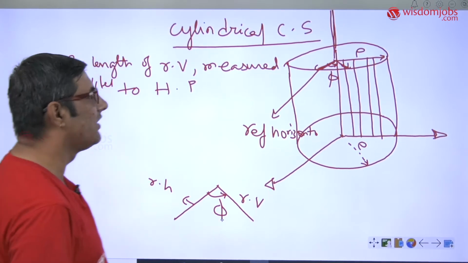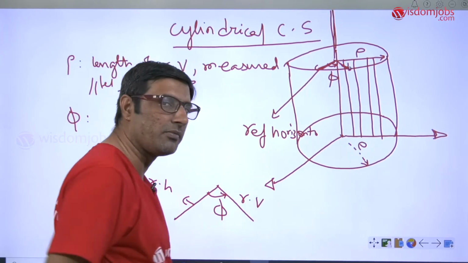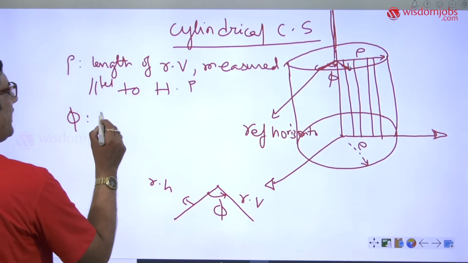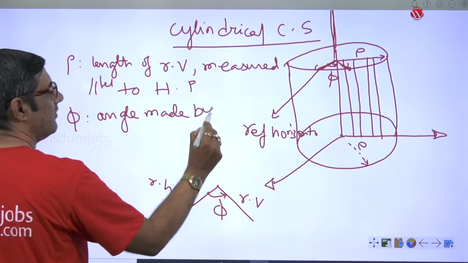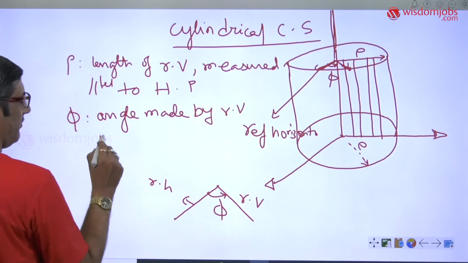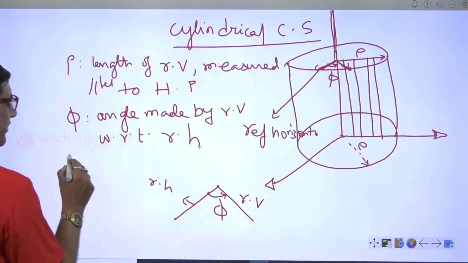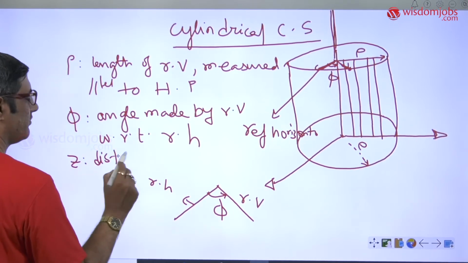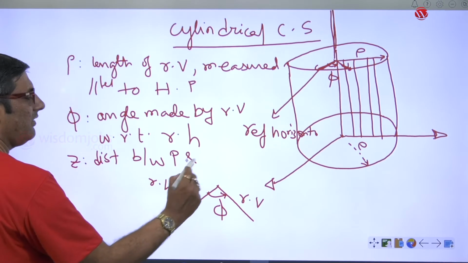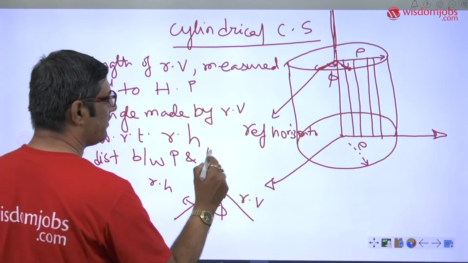And lastly, z. Z is obviously the height from the ground plane or horizontal plane. So, phi is the angle made by the radius vector with respect to the reference horizontal. And z is the distance between P and the horizontal plane.